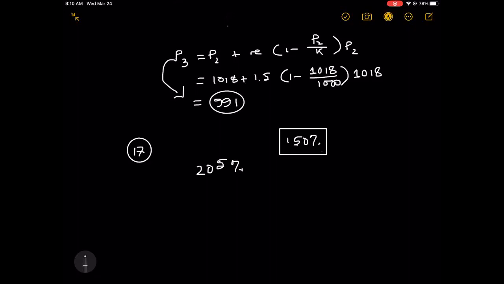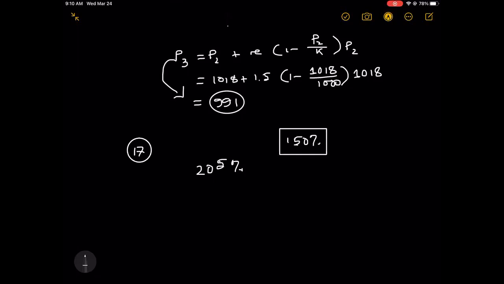Now we have 205%. They haven't really solved it for us, but they have shown us the graph and kind of gave us the idea of what happens if the growth rate is significantly higher. If we have a bigger growth rate, what happens to the population? They haven't really gone deep into that, but they have shown what happens.